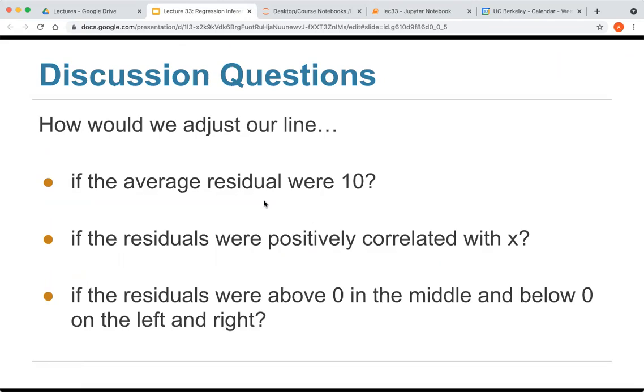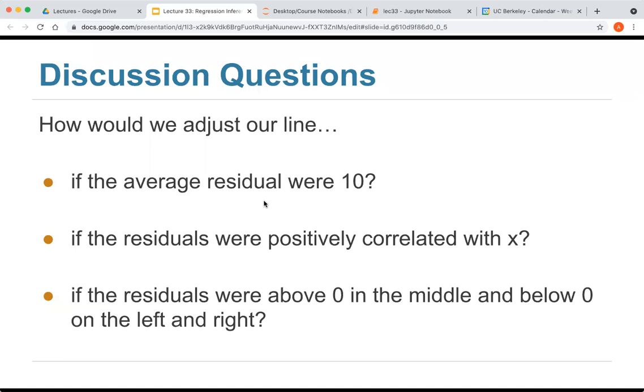If on average your errors are 10, yeah, the line is not the best fit. Exactly, this is not the regression line. It's too low, right? So it's not the regression line. So how about we go back and use the regression line? That would be a good way to adjust.